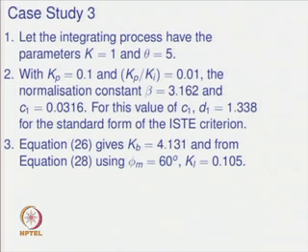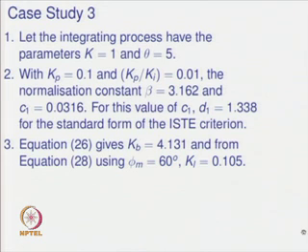This higher value of beta results in C1 equal to 0.0316. For this value of C1, using the second order standard transfer function, D1 is obtained as 1.336 for the standard form of the IST criterion.